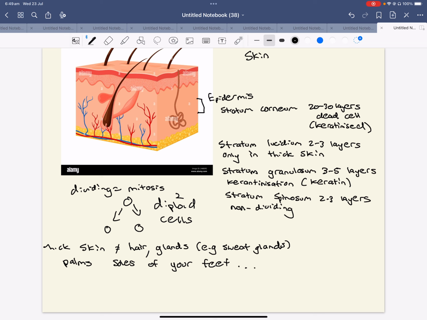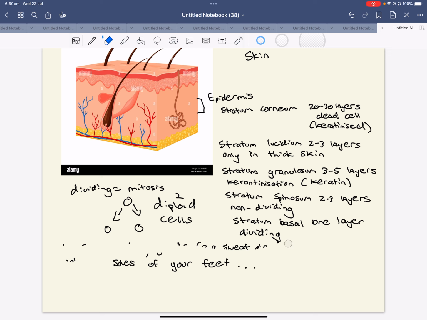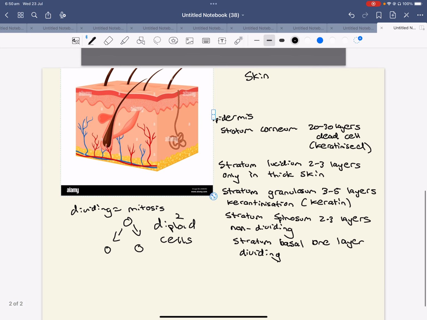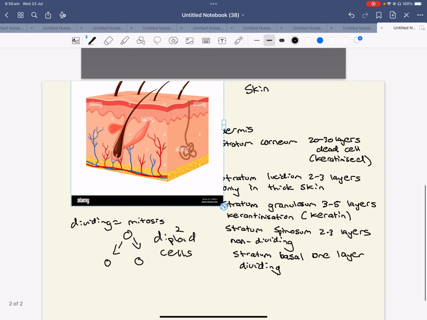Then we've got our last layer, which is the stratum basale layer. Okay, this is just one layer, and it's dividing. So what happens is the basal layer is rapidly dividing, and let's say I scratch the top of my skin and there's now damage to the top of my skin, right?